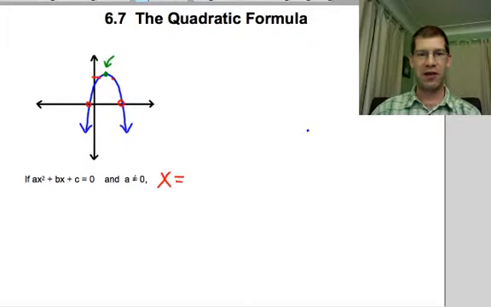And this part in here is what I really want you to memorize. If you know that, great, but this is really what you need to be able to do. The x values, so the two x-intercepts, are going to equal negative b plus or minus the square root of b squared minus 4ac, all divided by 2a.